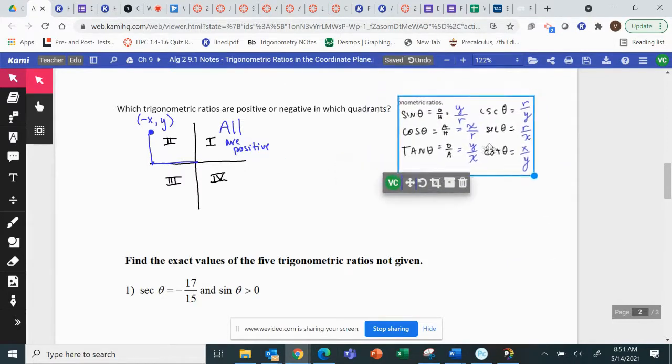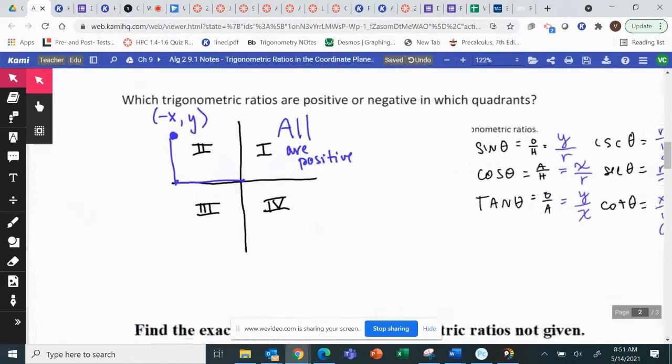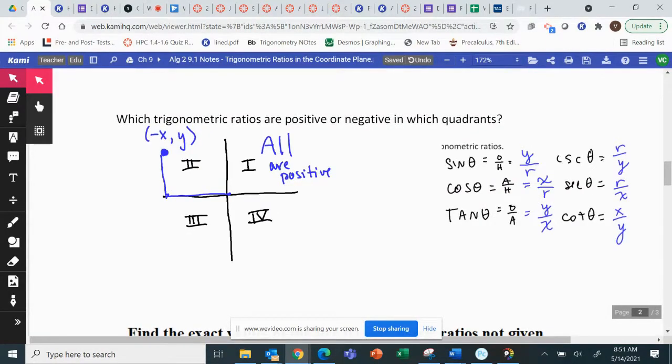Okay, there we go. When I look at my list of what's x and what's y, anything that has a y will be positive. Let me rephrase that. Anything that doesn't have an x will be positive. But if it has an x, it's going to be negative.